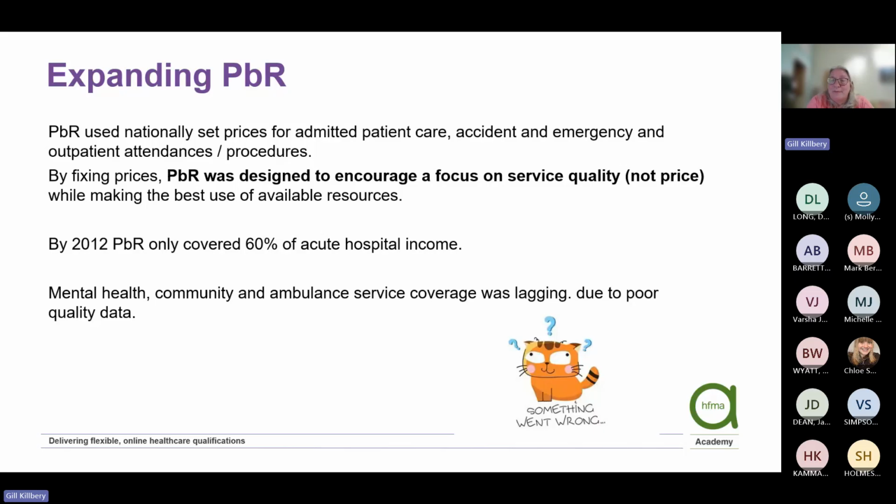Disputes often arose regarding changes in coding. So there's a fixed price per HRG, but if you switch what codes you put to it, the HRG changes and the price changes.